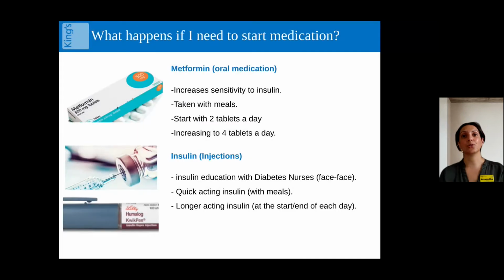Now, the next things I want to talk you through are a bit about the diabetes medications, which we may or may not use to support your management of gestational diabetes through your pregnancy. Now, for some of you, depending upon what your original diagnostic test results were, whether you were diagnosed based on your OGTT test results or your HbA1c level, you would have been given advice as to how we were initially going to support your management.